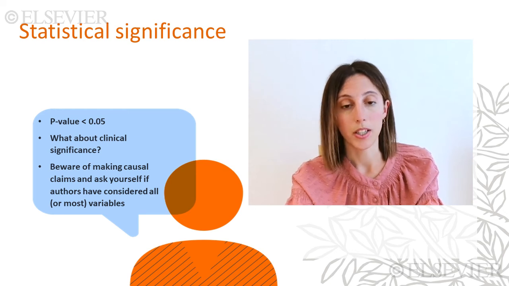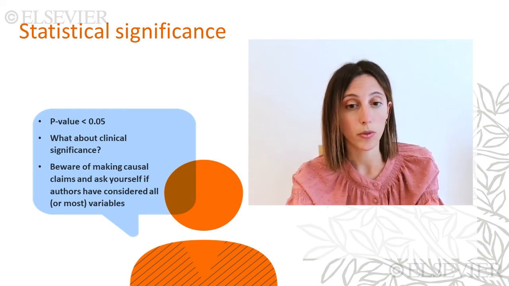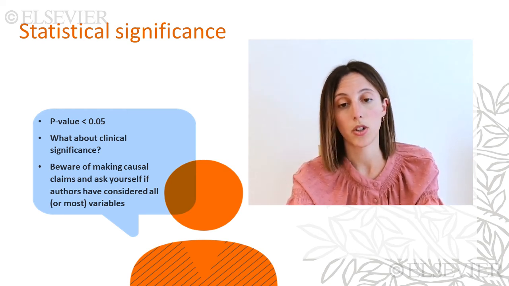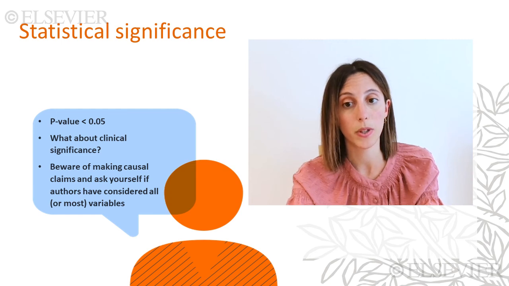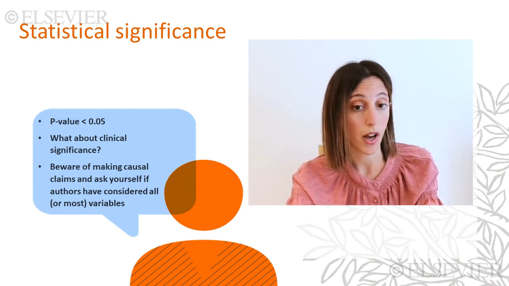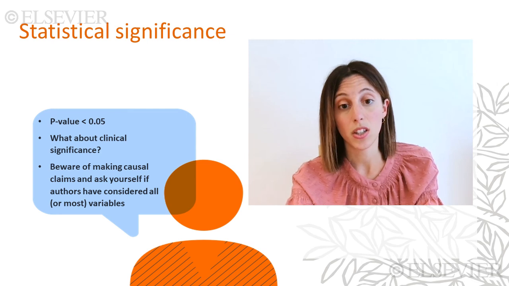So my recommendation here is just do not pay too much attention at how big or small the p-value is, but just know that if it is below 0.05, then an association is considered statistically significant.